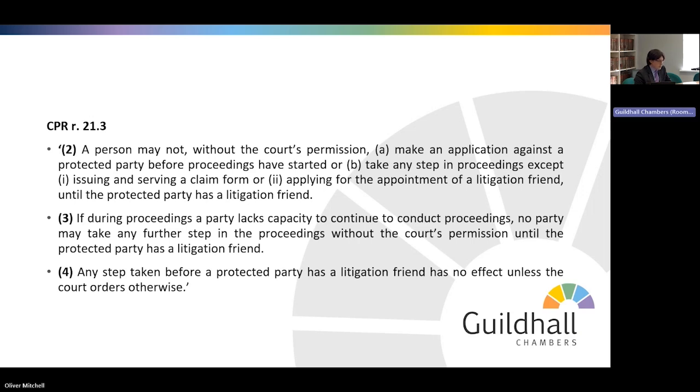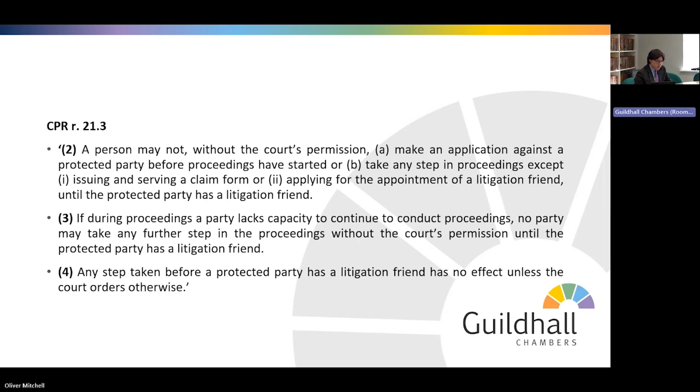It's tolerably clear that the court can make some orders and directions, for instance, in trying to get to a determination about whether a party has or does not have capacity. But orders made by the court are at risk of being set aside if made before a litigation friend has been appointed where a party lacks capacity, especially if they have some substantive effect or something of that nature.